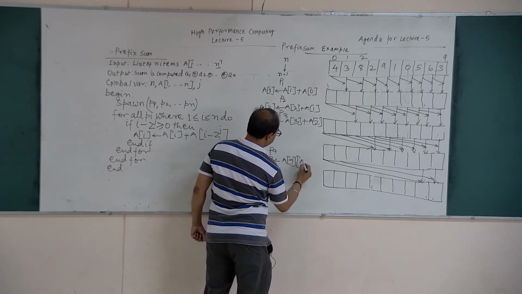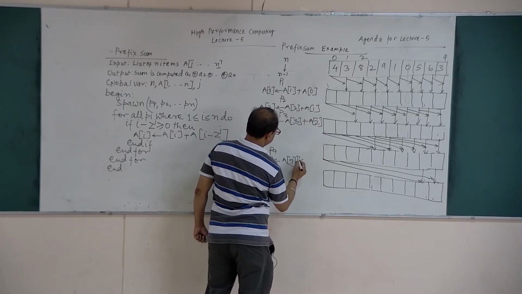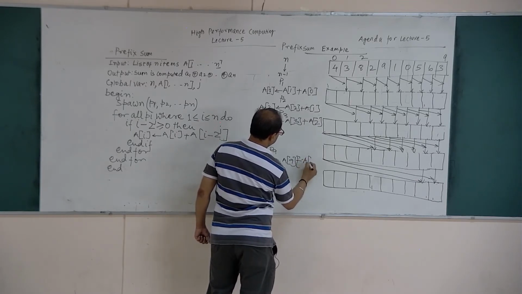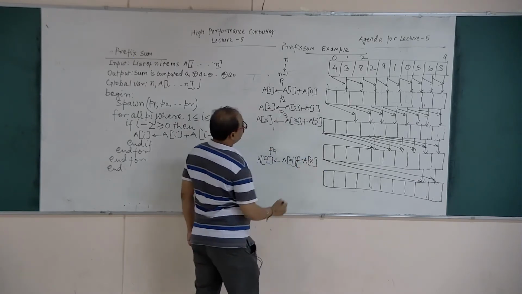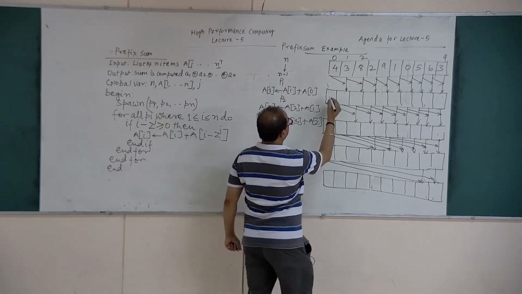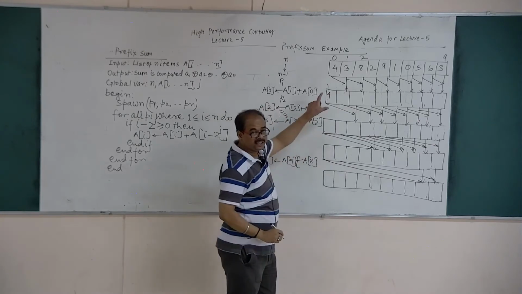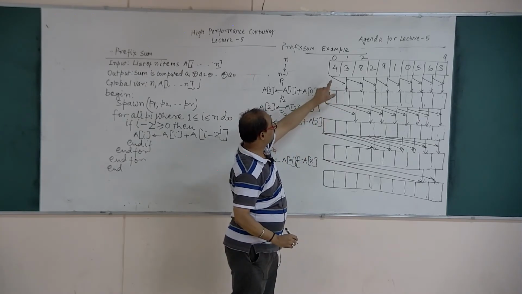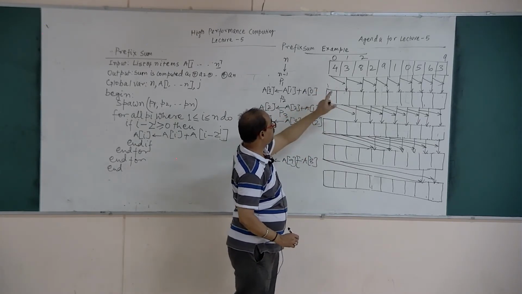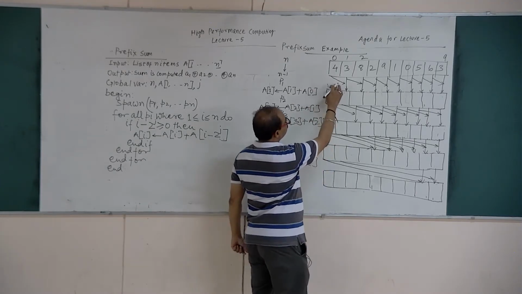Is it clear? So now you can see we just add the numbers, and you can see from the steps to understand how prefix sum is computed. So P1 is adding 4 and 3.